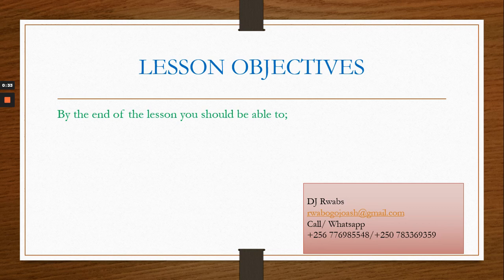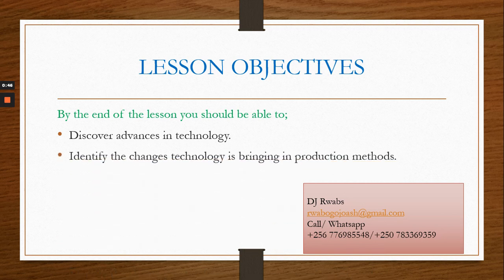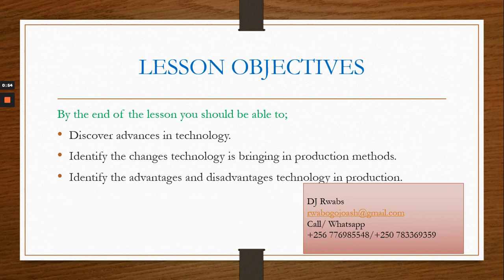So by the end of this lesson, you should be able to discover advances in technology used in the production of goods and services. You should be able to identify the changes technology is bringing in production methods, and identify the advantages and disadvantages of technology in production.